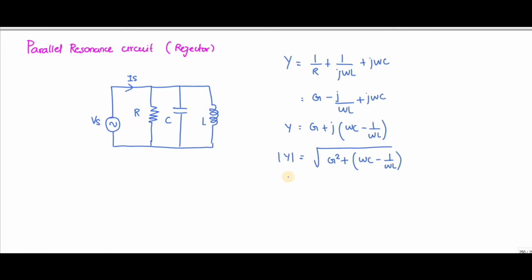So at resonance, we know that omega C is equal to 1 divided by omega L. Therefore I can write omega square is equal to 1 divided by LC.